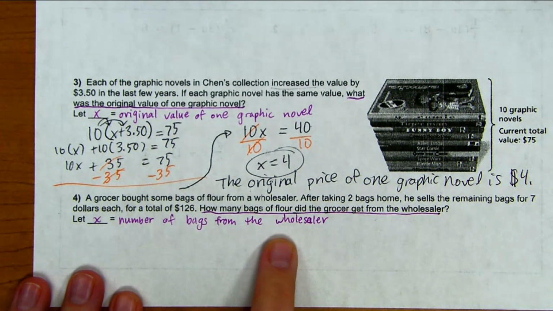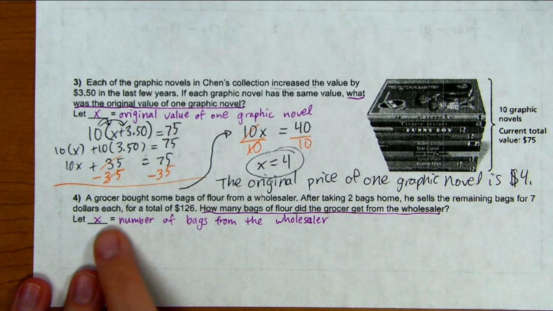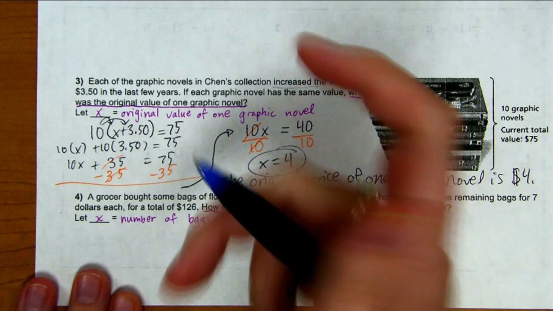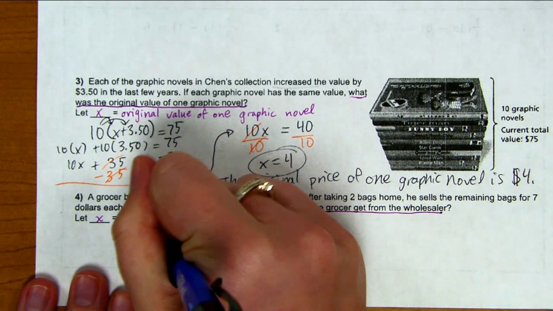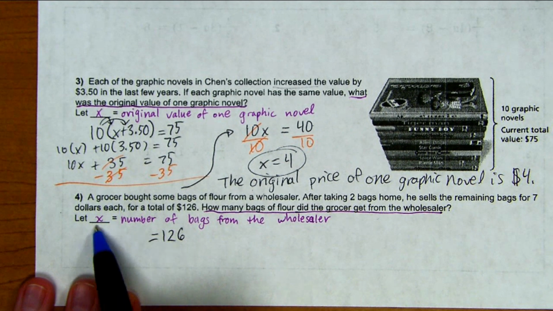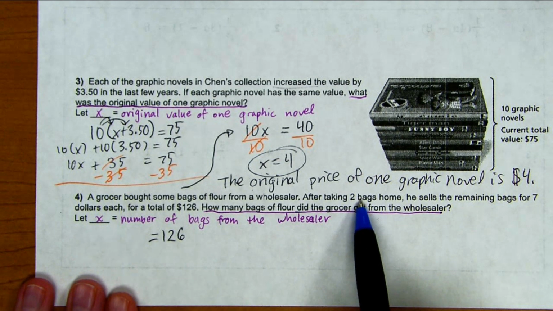Now, I know that the total amount of money the grocer sold the bags for was $126, so I know this will end up equaling $126. Now, the grocer bought some amount of bags. Maybe he bought 10 bags or 100 bags or 3 million bags. We don't know. He took 2 of the bags home and sold the rest of the bags.